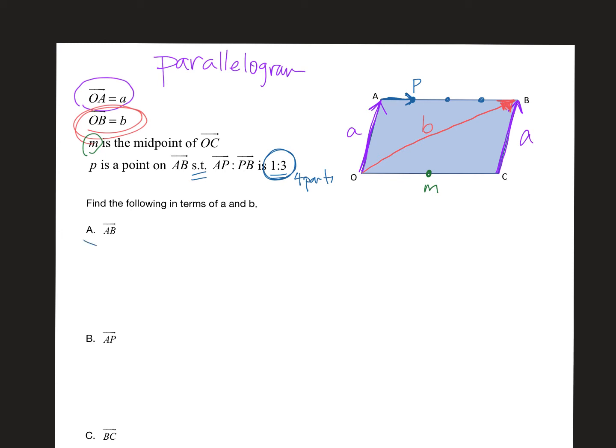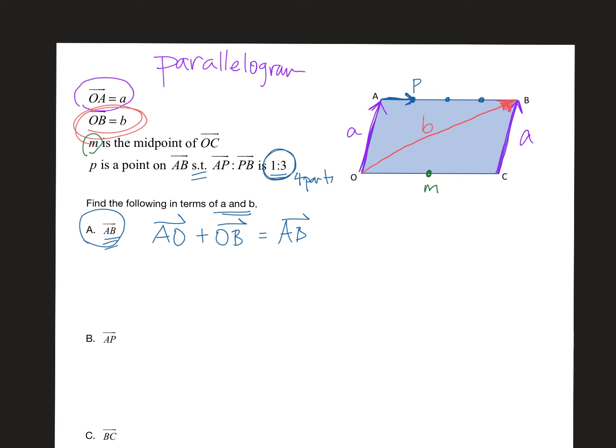So it says, state what AB is in terms of little a and little b. Okay, so I'm going to start by doing a vector addition. I need some sort of a vector addition that is going to result in AB. So check this out. Would you agree, and I think you would, that AO plus OB has to equal AB?